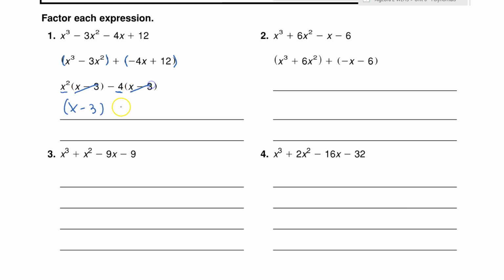That's factored. And you're left with x squared minus 4. And so you have x minus 3. And you know that this is a difference of perfect squares. So this is going to be x plus 2, x minus 2.